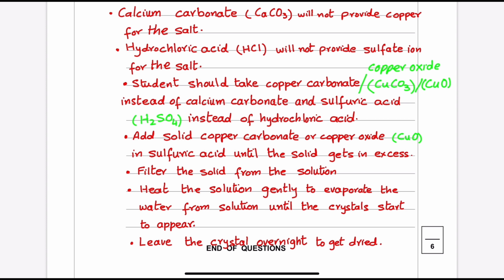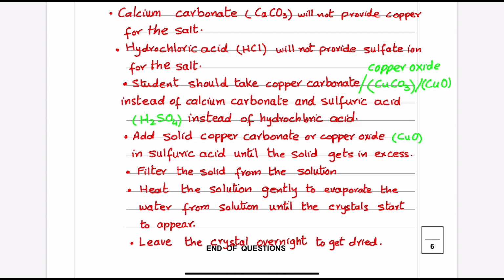The student should take copper carbonate, CuCO3, or copper oxide, CuO, instead of calcium carbonate, and sulfuric acid, H2SO4, instead of hydrochloric acid.